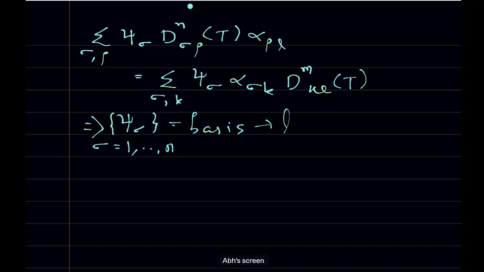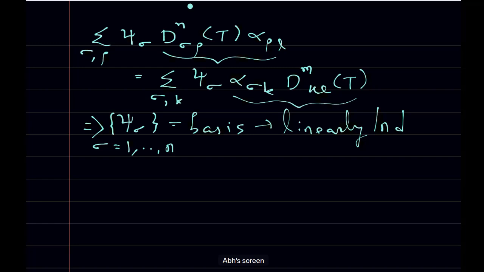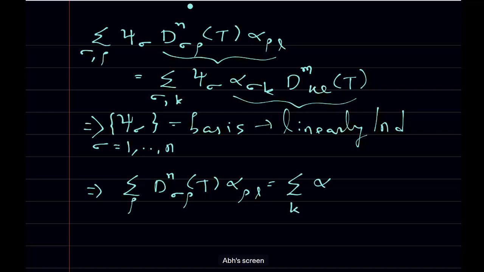So if psi sigma on both LHS and RHS are linearly independent, that means the coefficients can be equated in the following way. So I get summation rho D N sigma rho of T alpha rho L is equal to summation K alpha sigma K D M K L of T.